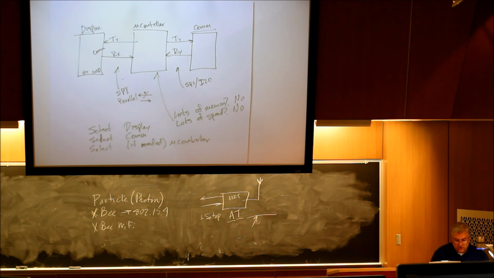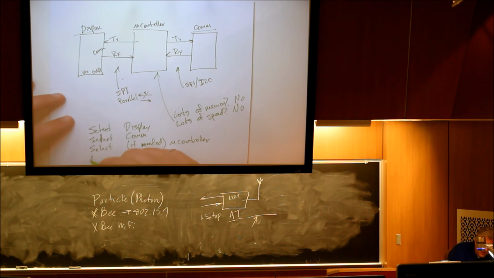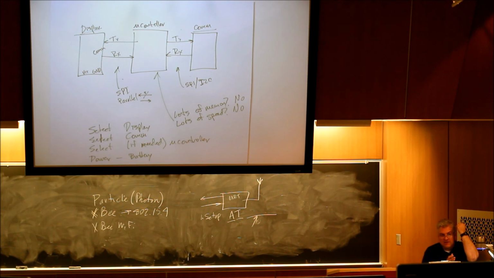What you also should consider at this time is energy, power. You most likely have to run with a battery unless you could figure out how to get energy to a device on the other side of a wall. Is that possible? My watch does that.